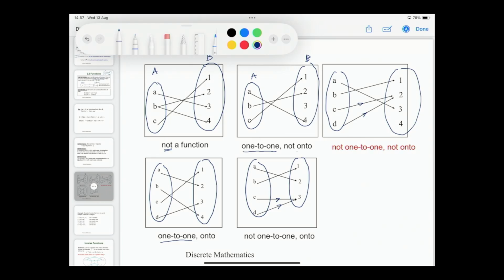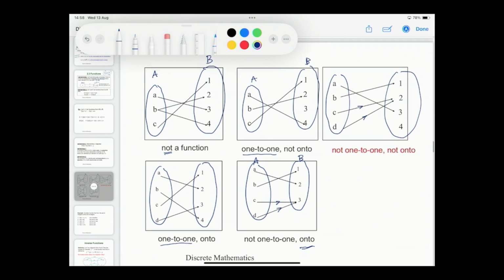What else? Onto or not onto functions. To be an onto function means that all elements of the codomain B are mapped, are used in the function. Otherwise, we have not onto. In this case, we see that element 3 is not mapped.